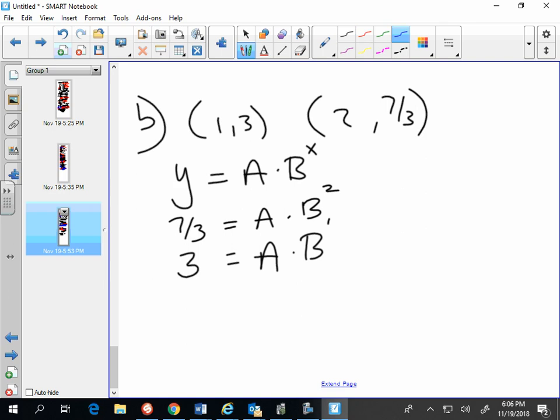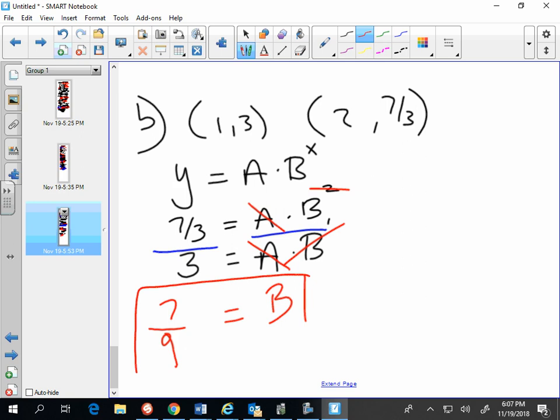That's a system. And I remember that we could solve a system with elimination. I'm going to eliminate not by subtracting one equation from the other, but by dividing one equation by the other. Divide. Look, I eliminate the a's. 7/3 divided by 3 becomes 7/9. And over here, this b cancels one of these, giving me my b value. Well, that's great. I know what b is equal to.